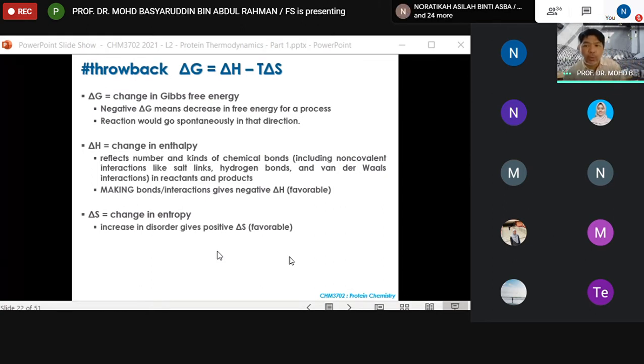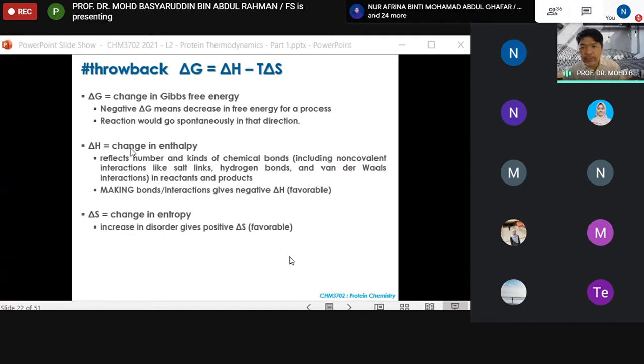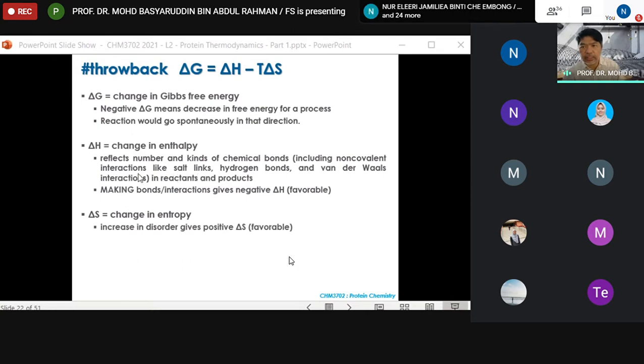Now, what I would like you to find out is, if delta H is related to non-covalent interactions, for example, then delta S is related to what kind of interaction between the protein and the substrate, or even inside the protein.